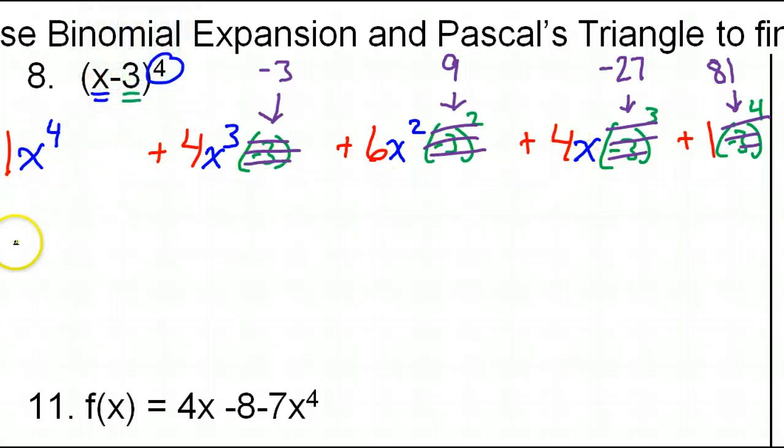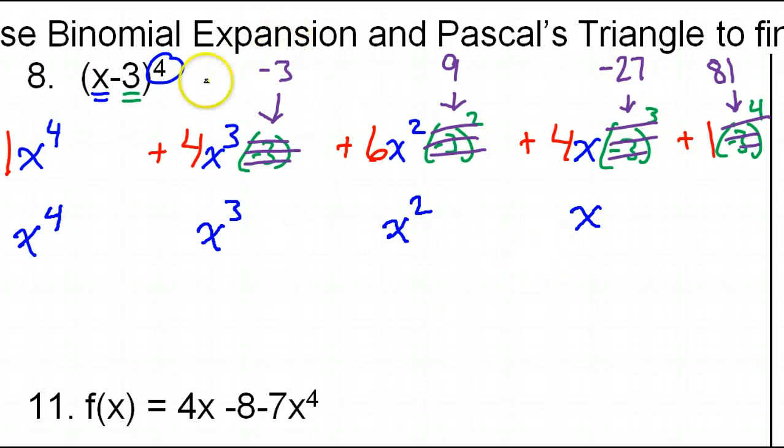All of these variables in blue, they're all coming straight down. So I have x to the 4th power, x to the 3rd power, x squared, and x. But I'm multiplying the coefficient times the purple number here, and that will be my new coefficient.